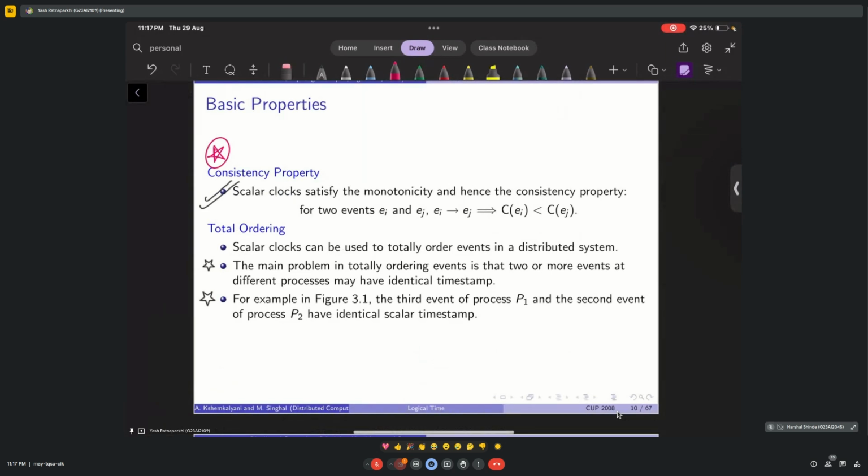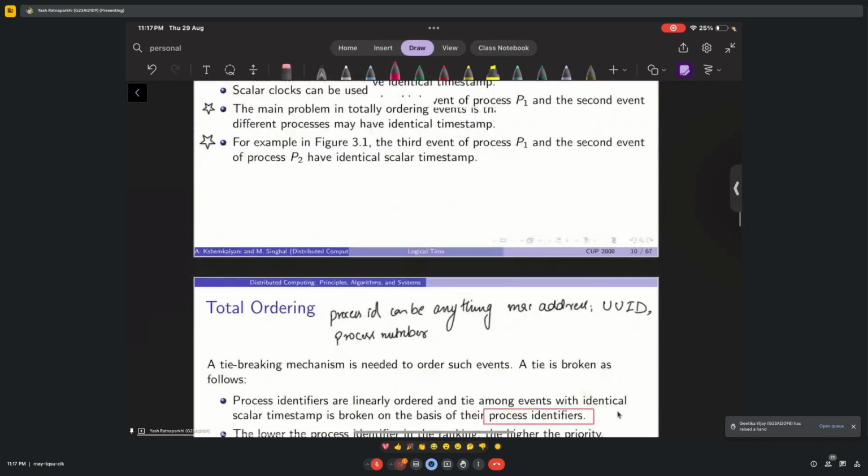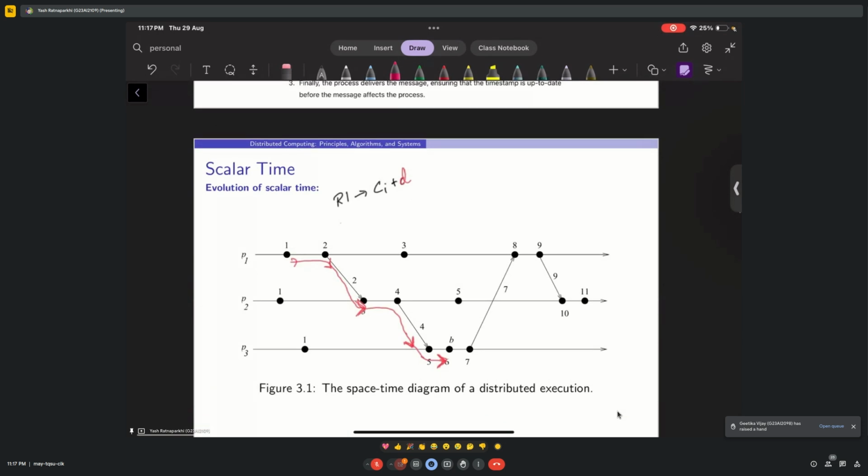The main problem in totally ordering events is that two or more events at different processes may have identical timestamps. For example, in figure 3.1, the third event of process P1 and the second event of process P2 have identical timestamps. Just see this: the third event of P1 was 3, and the second event of P2 also has 3.